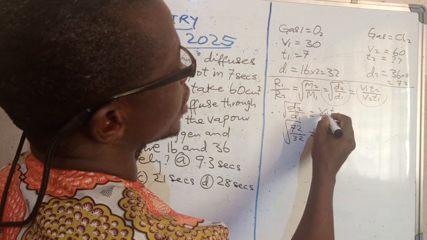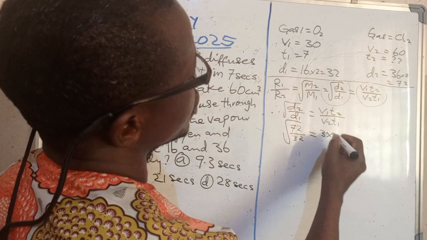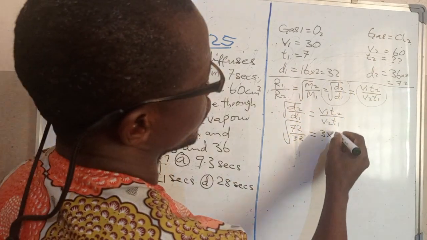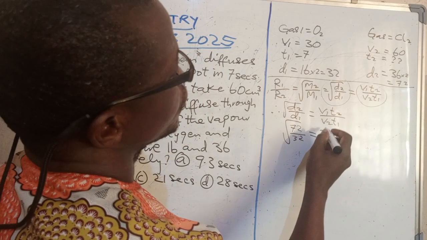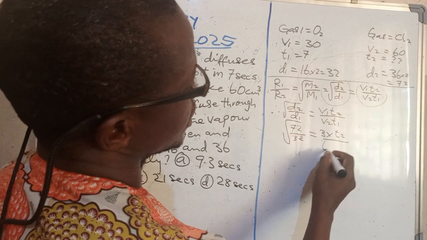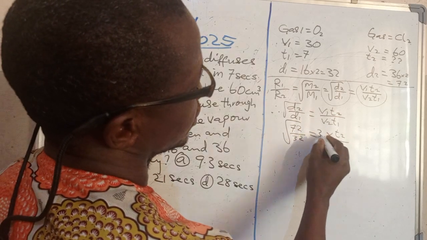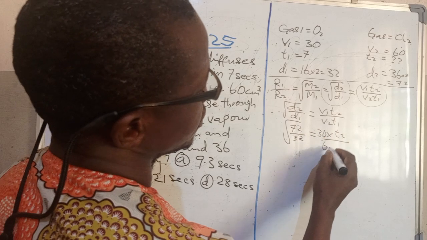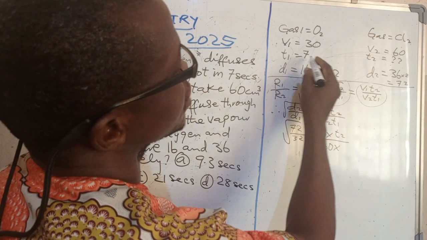Equal to V1, which is 30, times T2, which is what I am looking for, all over V2, which is 60. This is 30, not 3. 30, 60 times T1. My T1 is 7.